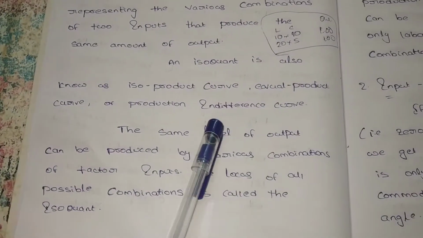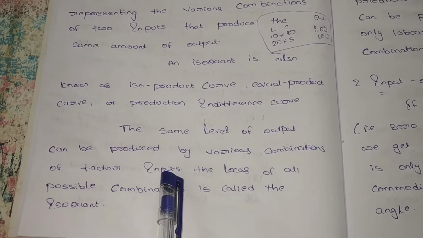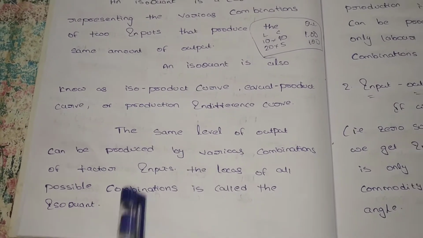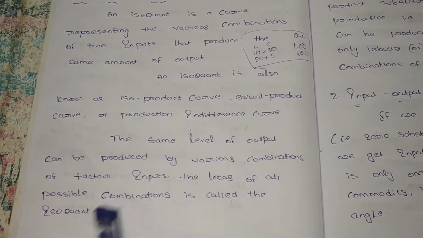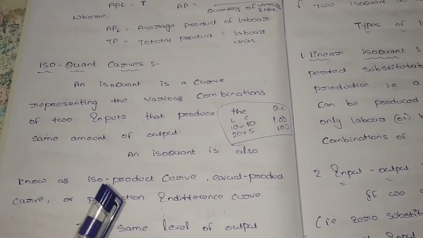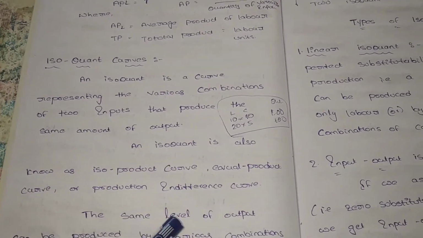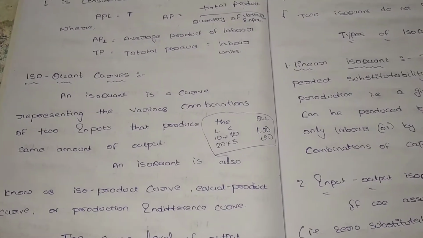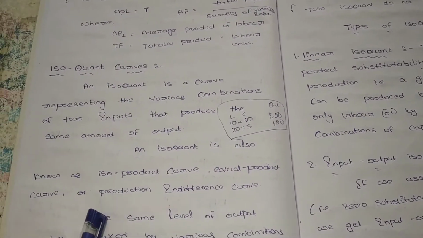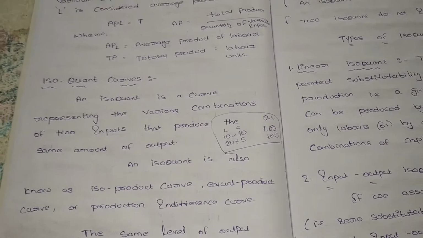See here, the same level of output can be produced by various combinations of factor inputs. The locus of all possible combinations is an isoquant. An isoquant shows the relationship between the two variable inputs, labor and capital, but the output is the same. Each and every point gives an equal level of satisfaction.